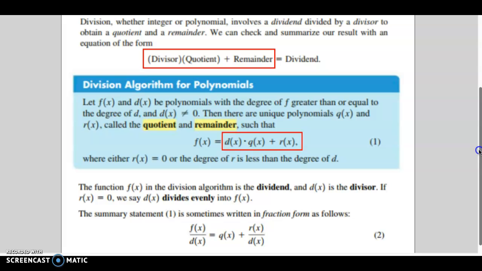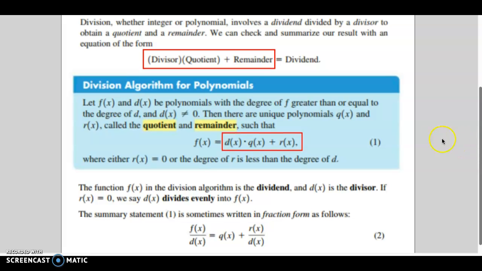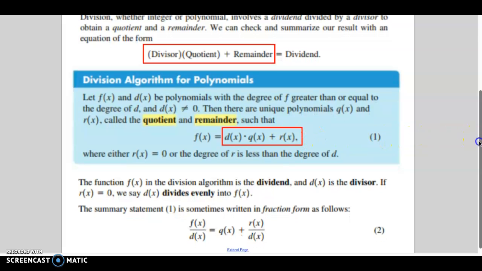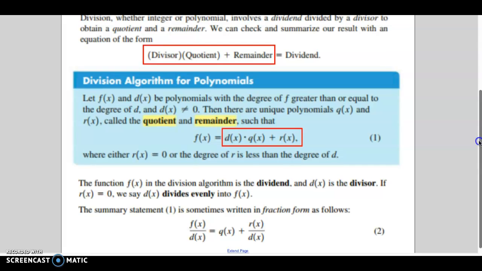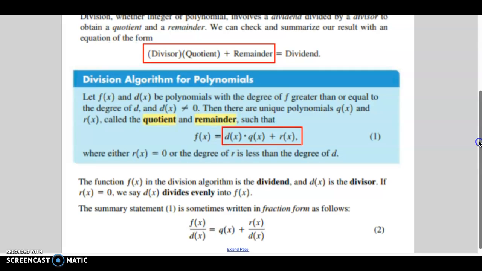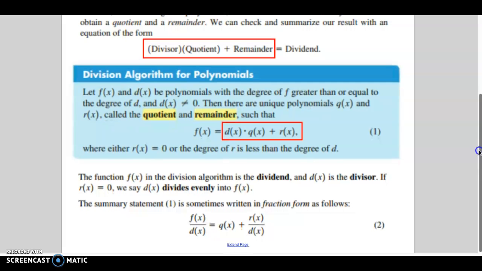So the division algorithm says that if f of x is our function that we're going to divide by d of x, then we get f of x equal to d of x, the divisor, times q of x, the quotient, plus the remainder r of x, where our remainder is either 0 or some degree less than the degree of the divisor.